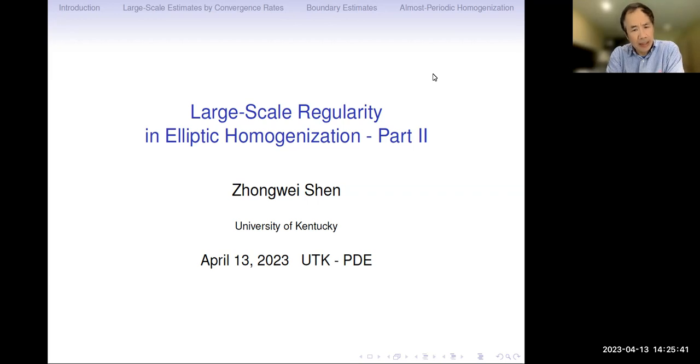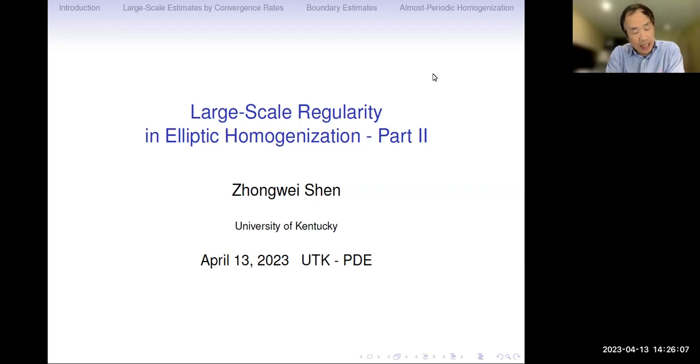So last time I presented some large-scale regularity, sometimes called uniform regularity estimate for solutions of elliptic equation with rapidly oscillating and periodic coefficients.